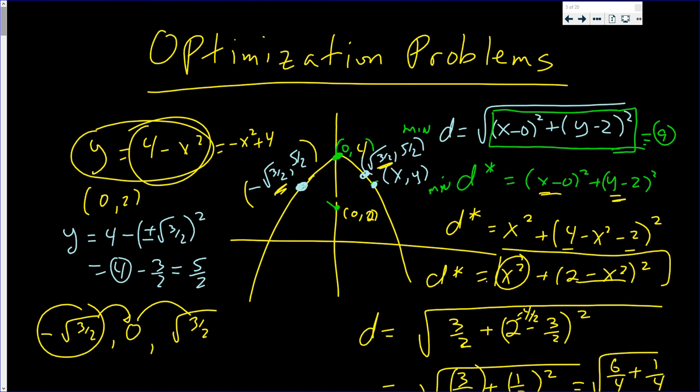That is the shortest distance between this point and any point on the curve is the square root of 7 over 2. That's that distance, and it's that distance. Okay. It's a long problem, but you have to be able to do it.